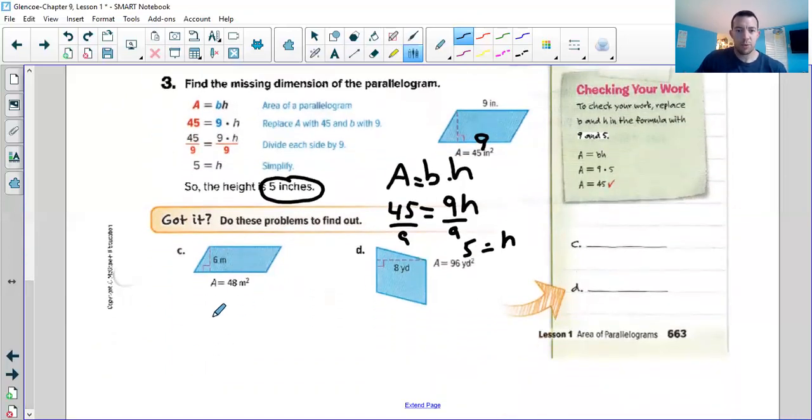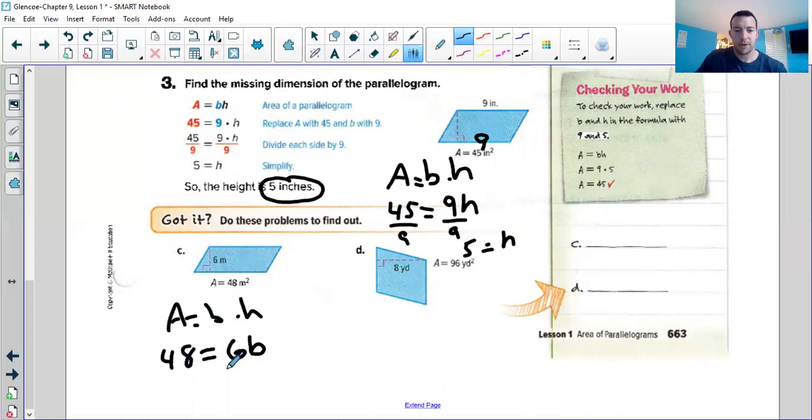Okay, so for this one, I'm going to start my formula, area equals base times height. They give me the area, they say it's 48. That equals, I don't have my base this time. They don't give me a base, but they do give me a height. So I'm going to say my height is 6 times b. Remember, I can flip-flop these because it's multiplying. So 6b equals 48.